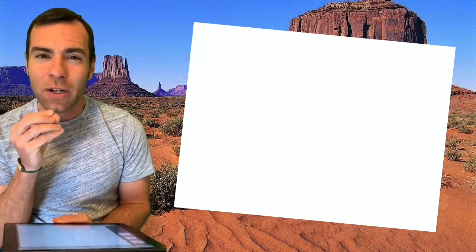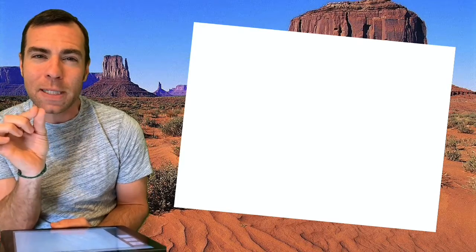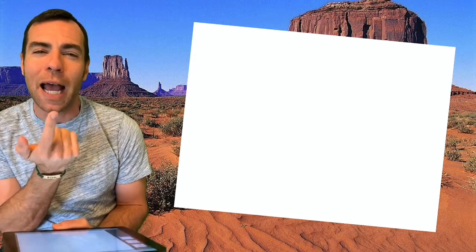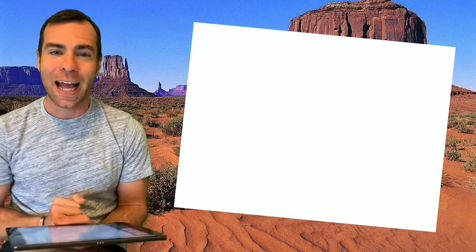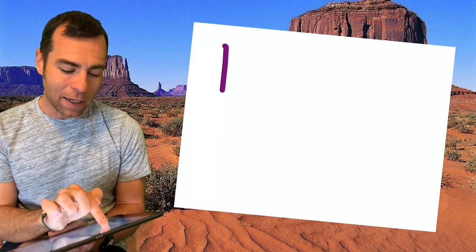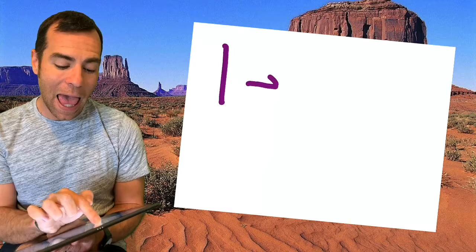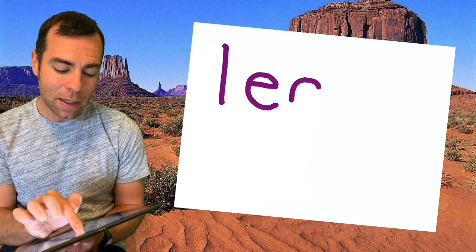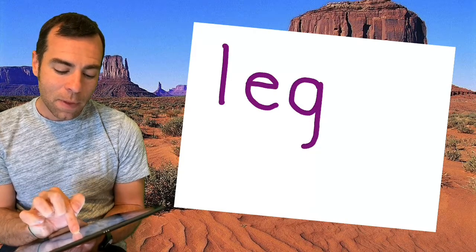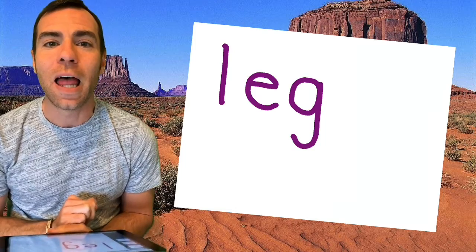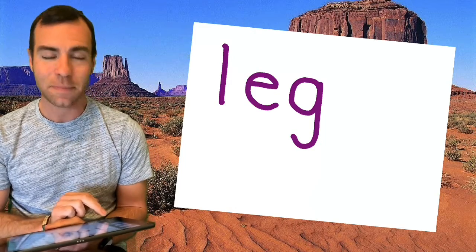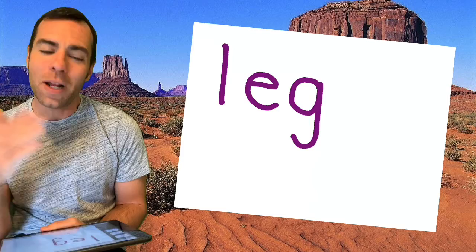And now take a look at that vowel, that middle sound, and make sure you've pushed that out. Eh. Excellent. Now I'm going to write leg. L, e, g. And now I have the word leg. Now, go on and clean all that off.